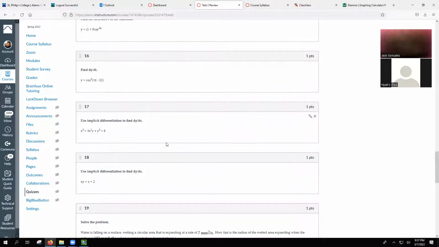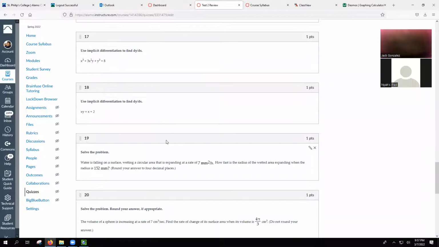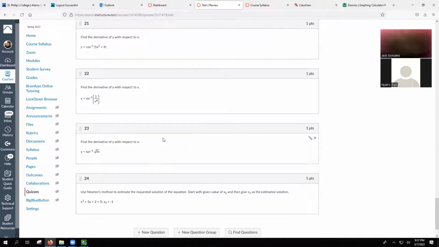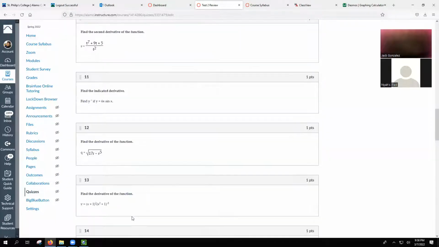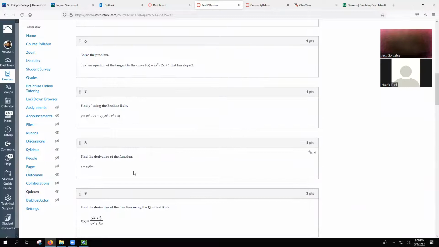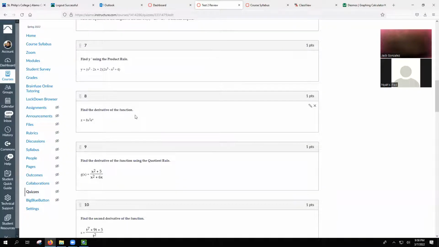Then towards the end, you get to implicit, and then some word problems. And at the very end will be inverse derivatives. So the rules, we'll do some of them. These are almost easy, less difficult ones.